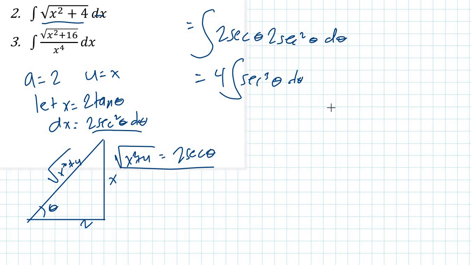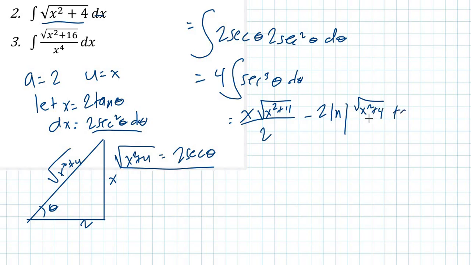So what I'm going to give is the final answer already, which is x square root of x squared plus 4 all over 2 minus 2 ln of square root of x squared plus 4 plus x all over 2 plus c.